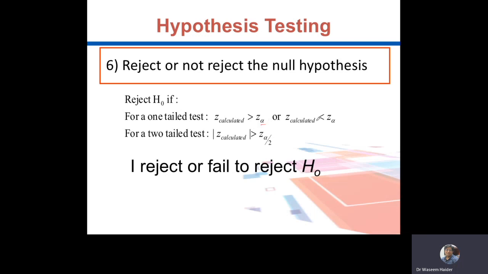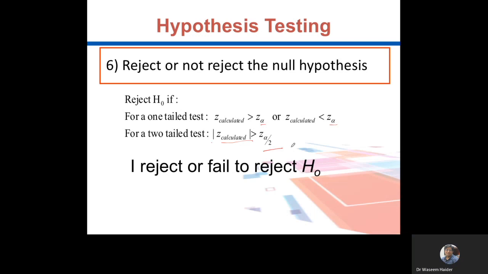Or for a left tail test, Z calculated should be smaller than Z at that particular alpha. And for a two-tail test, the absolute value of Z calculated should be greater than Z at that particular alpha by 2. And then we would fail to reject, or we will reject the null hypothesis depending upon our results.